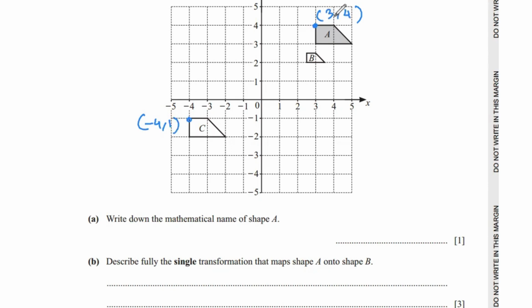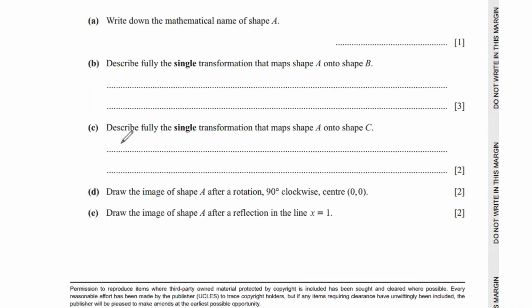So for 3 to become -4, we are subtracting 7. And for 4 to become -1, we are subtracting 5. So to go from A to C, it's a translation by vector -7 and -5. That's the answer.